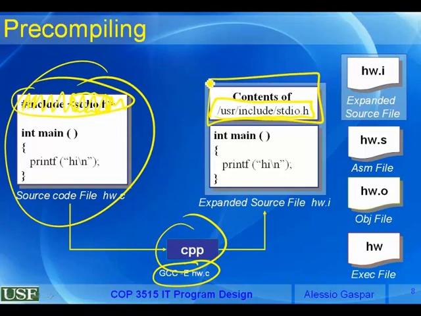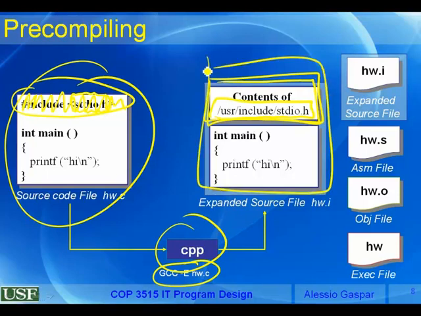So it's really doing pretty much a cut and paste for you. It replaces #include <stdio.h> by anything that is in that .h file. And all of this now constitutes your expanded source file. So this is really a basic step. Pre-compilation is something relatively easy to do.